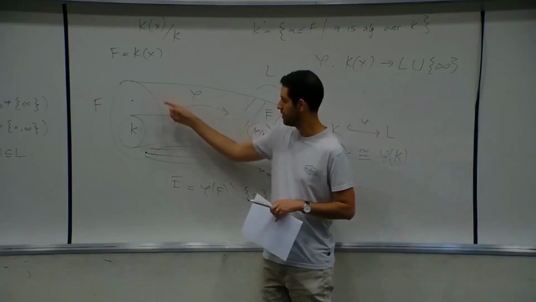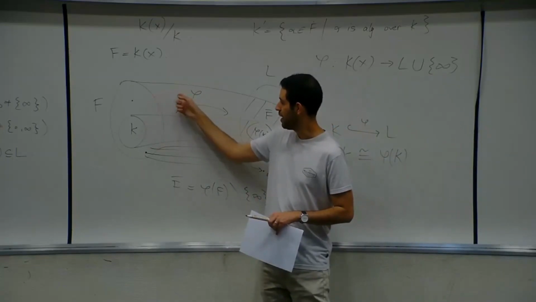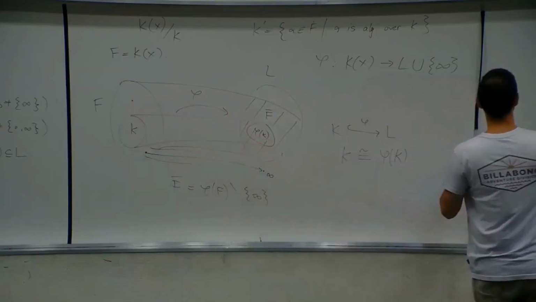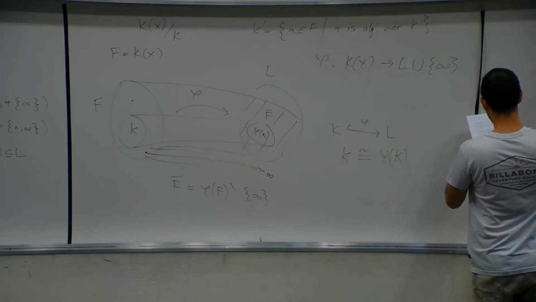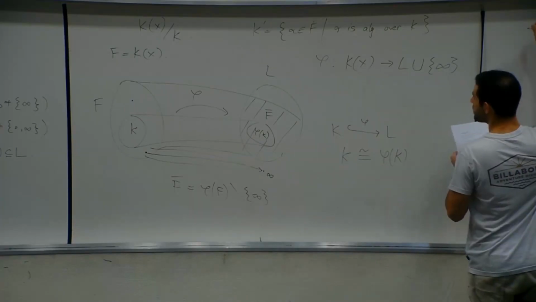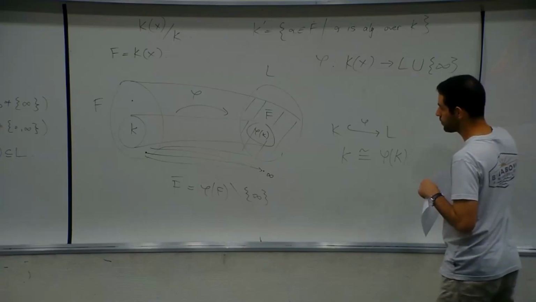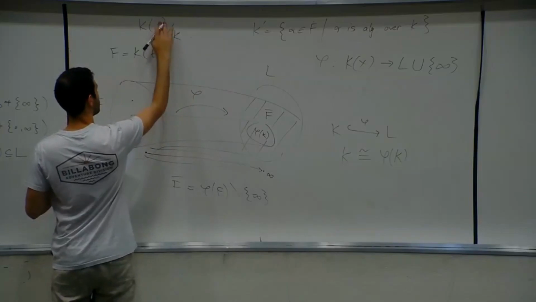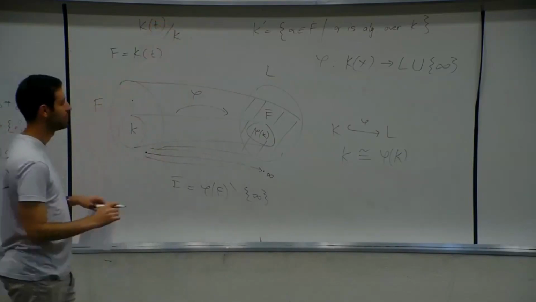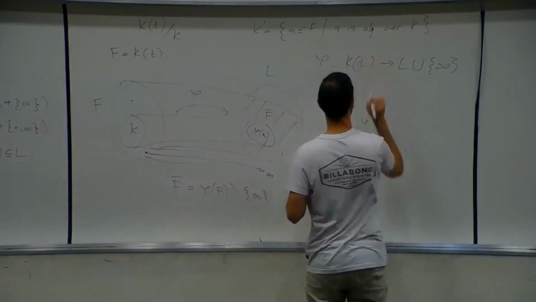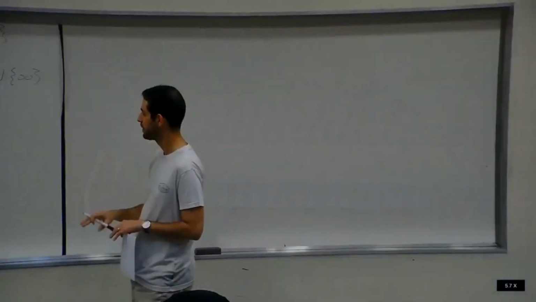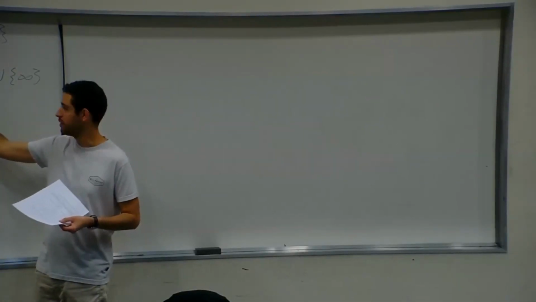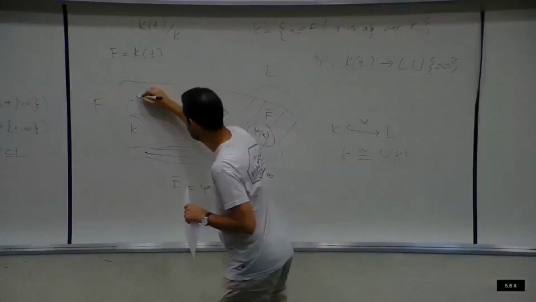But how does phi act on the elements in F which are not in K? Let me just replace it with K(t), because in the notes I use K(t), it's the same. So t is a transcendental element of the function field, so it lies here.